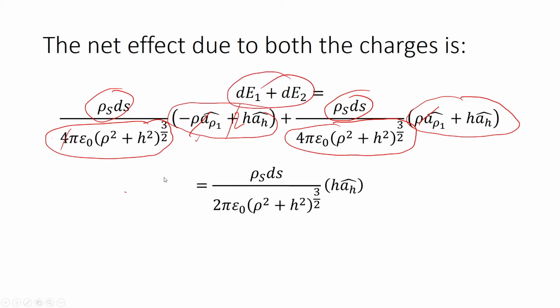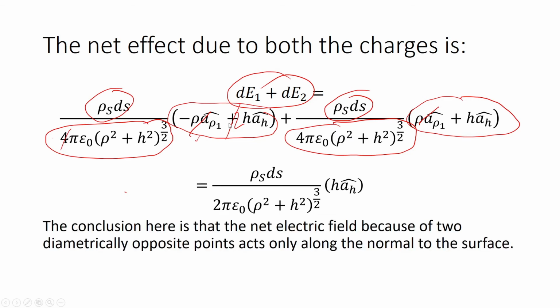And we can conclude that on the z-axis, the net electric field intensity because of two diametrically opposite points acts along the normal to the surface.